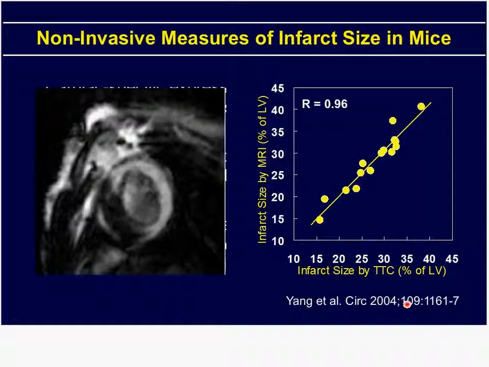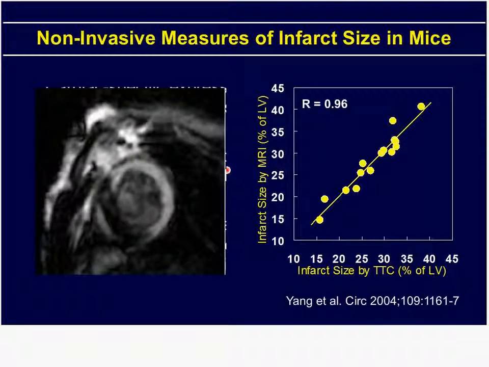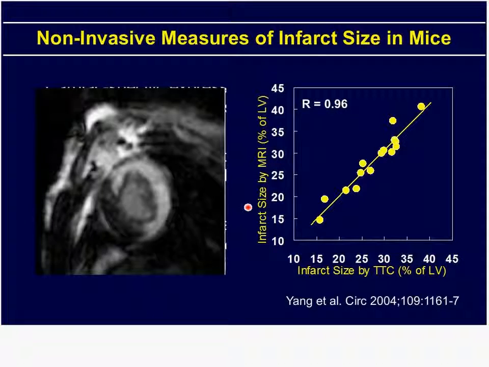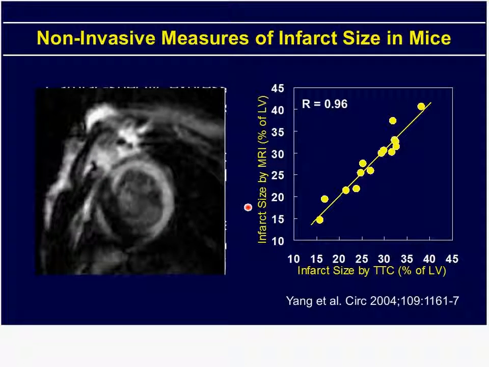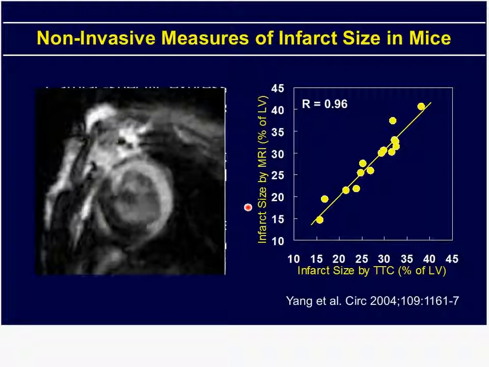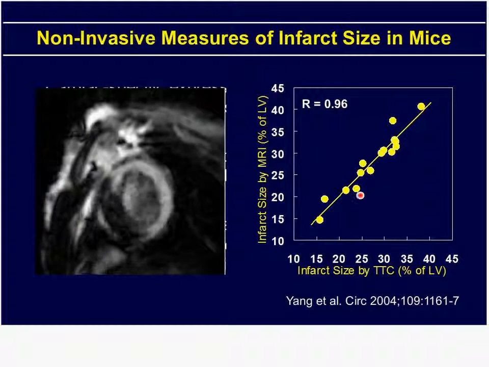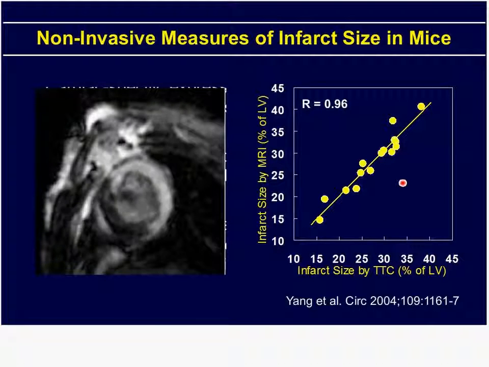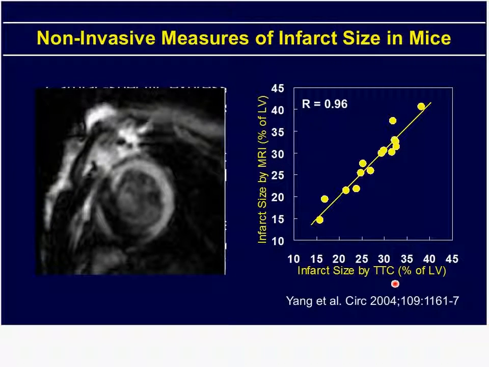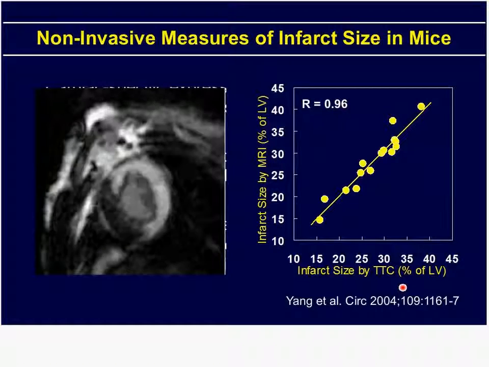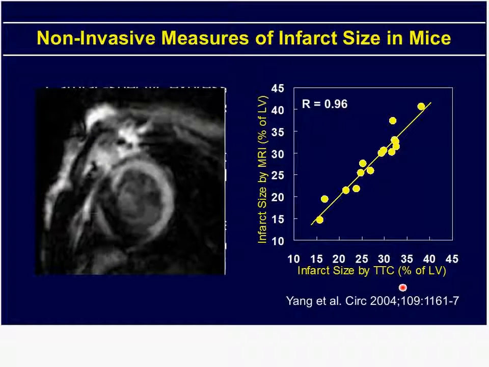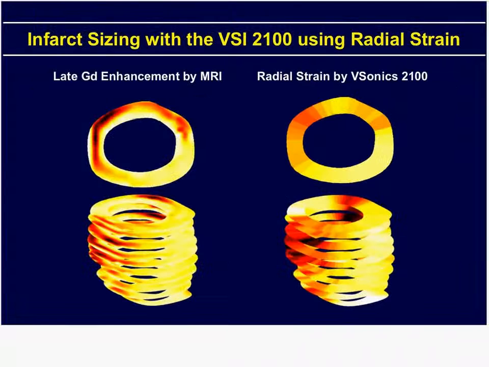We published that back in 2004. We showed that infarct size determined by gadolinium enhancement by cardiac MRI is very tightly correlated with infarct size as defined by the standard histological assessment by TTC.